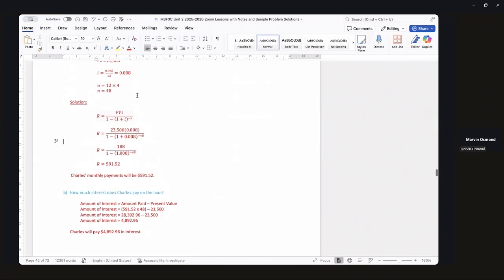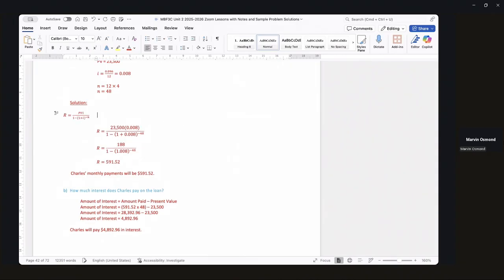The interest rate I is 0.008 over 1 minus bracket 1 plus I, which is 0.008, to the power of negative n, which is 48. If you do the simplification on the top.